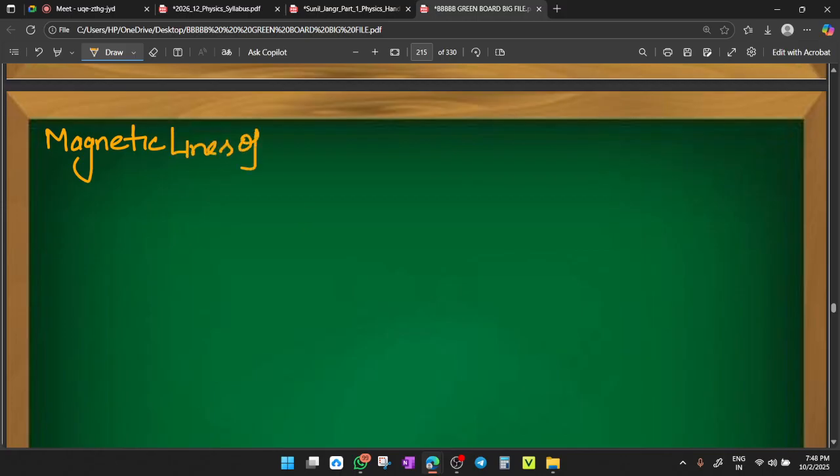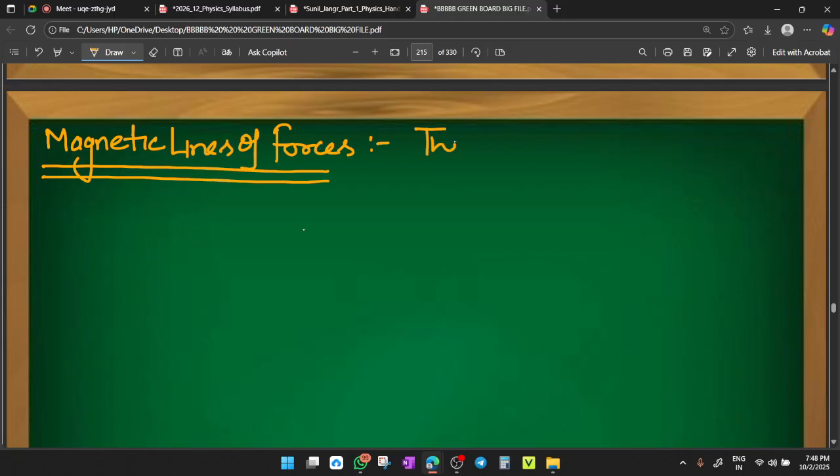Okay, magnetic lines of force. Once again, I am defining magnetic lines of force. Magnetic lines of force are imaginary curves notifying the presence of a magnetic field in any given space.